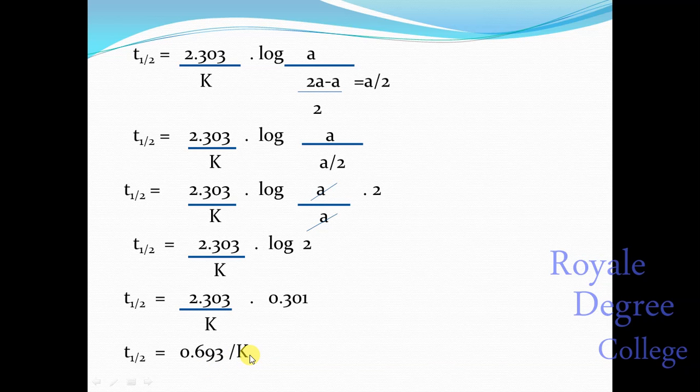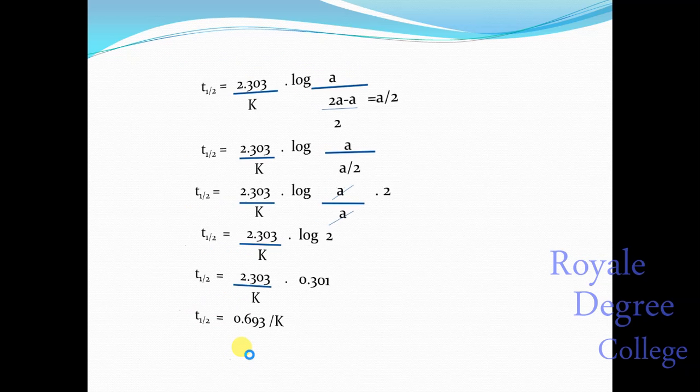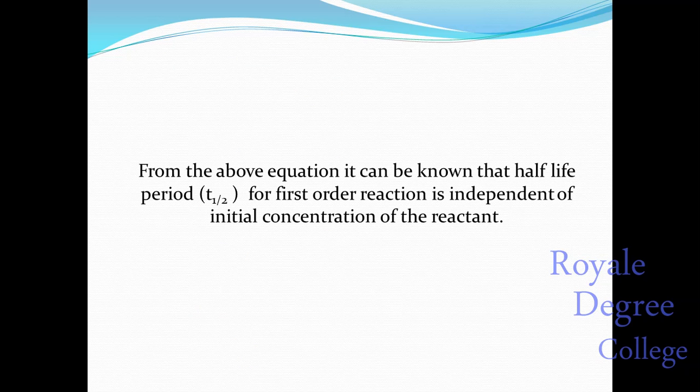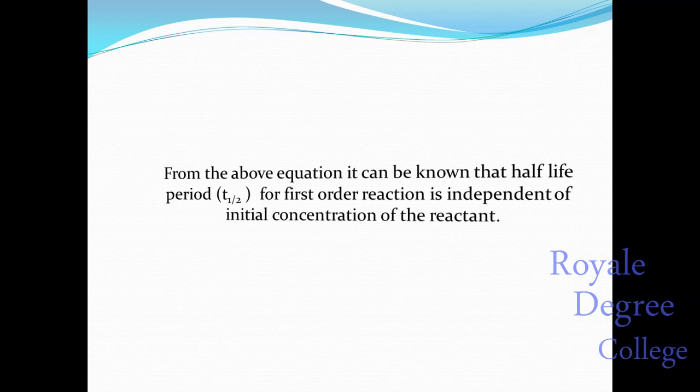That is, t half = 0.693/K. From the above equation, it can be known that the half-life period, t half, for a first order reaction is independent of the initial concentration of the reactant.